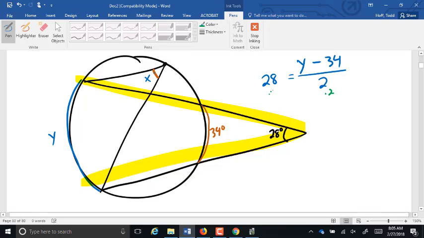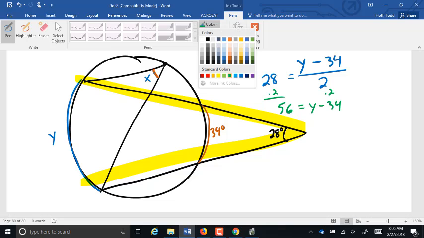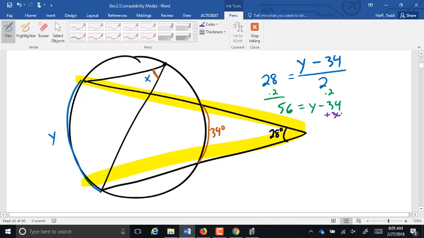So we multiply by 2. 56 equals Y minus 34. And then add 34. That is 90 degrees. Y is 90 degrees. This is a 90-degree arc. Which means X then has to be 45 degrees.